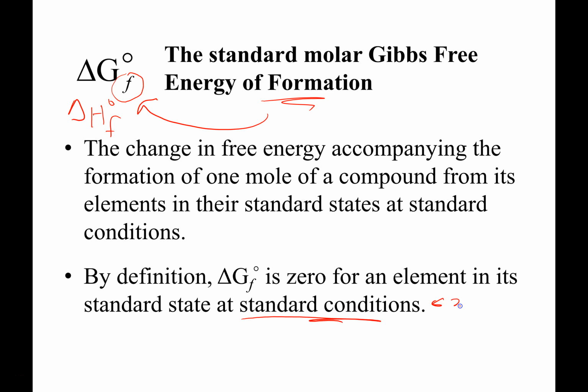Standard conditions, you're talking about 25 degrees Celsius, and I'm pretty sure it's 1 bar, which is close to one atmosphere. So, for instance, iron, Fe, solid, right? The Gibbs free energy of formation of iron is 0 in its solid state. Iron liquid, it's not going to be 0.